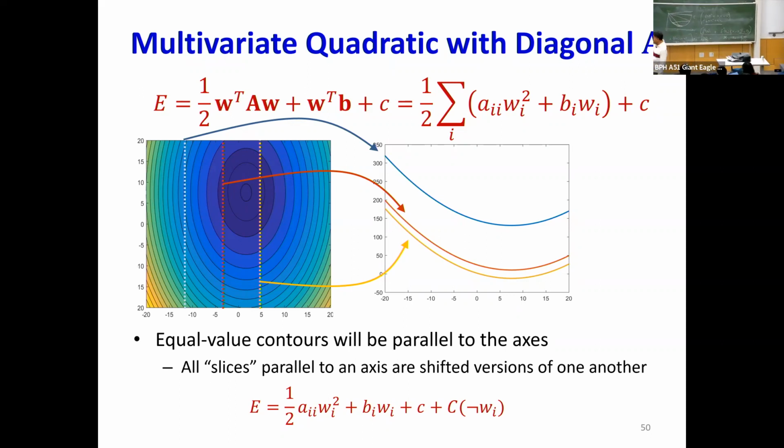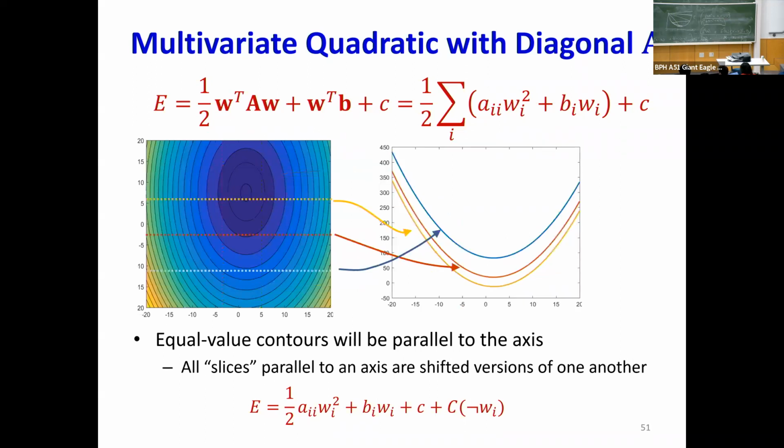Which means that if I take slices of this function at different values of x2, I'm just going to get the same bowl at different heights. The different heights occur because the second term is different for different x2s. But the value of x1 where all of these bowls have a minimum is always going to be the same. That makes sense, right?